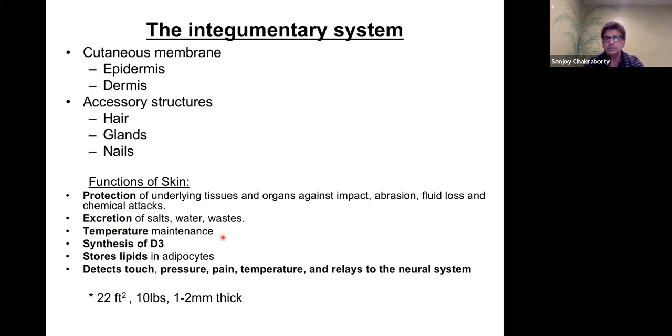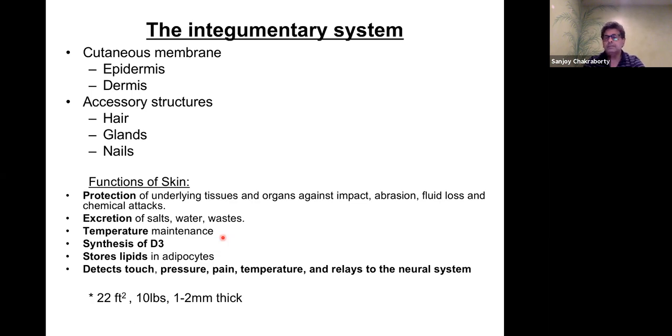Temperature maintenance: basically, the blood vessels in the dermis layer can vasodilate sometimes. Vasodilation causes the release of heat, meaning the blood vessels become slightly bigger, or they can constrict. So vasoconstriction can conserve the heat depending on the heat conditions of your body.